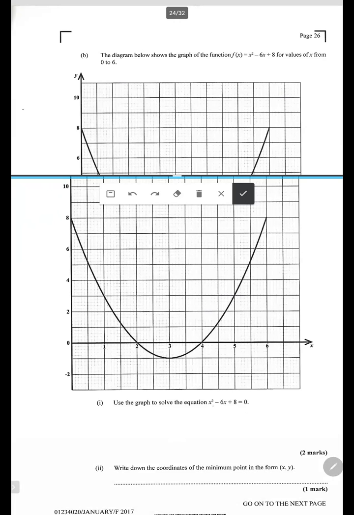So, as I said, now we're solving this. You get the roots. Roots are the x-axis intercepts.